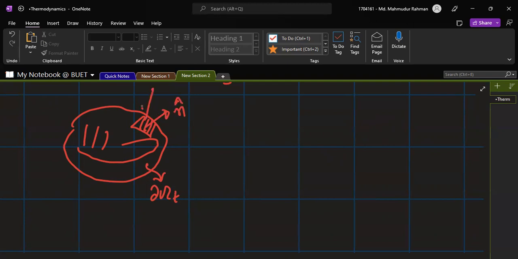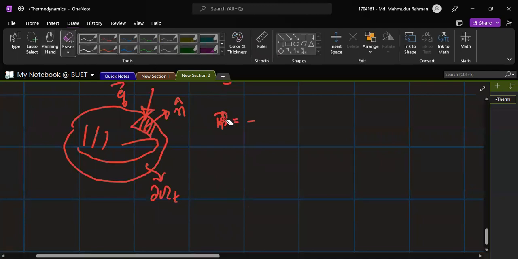And suppose the heat is coming in this direction, we describe it by vector q. So n and q are in opposite directions, hence we put a minus sign.